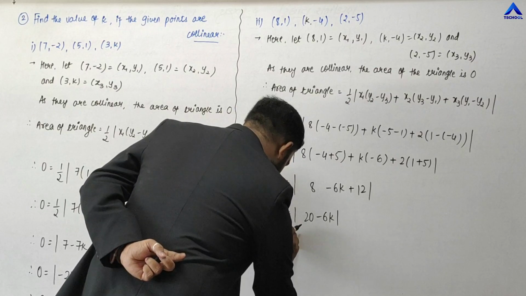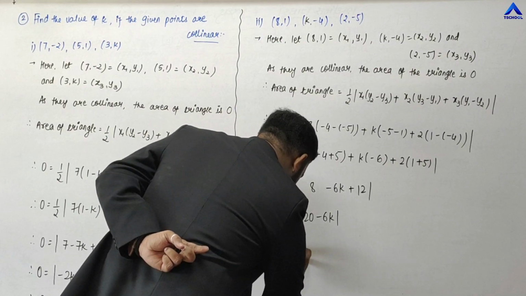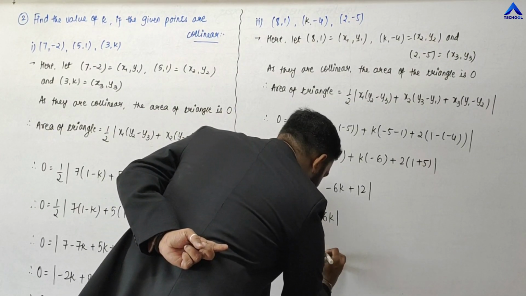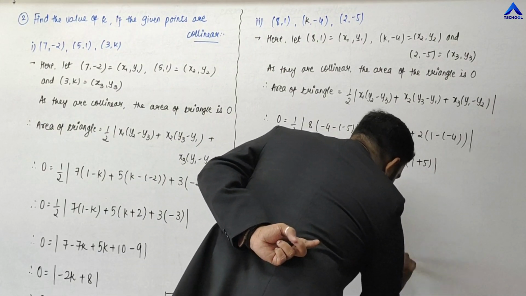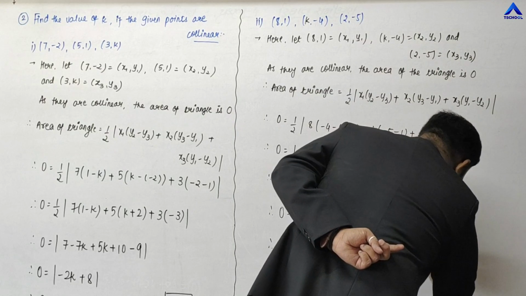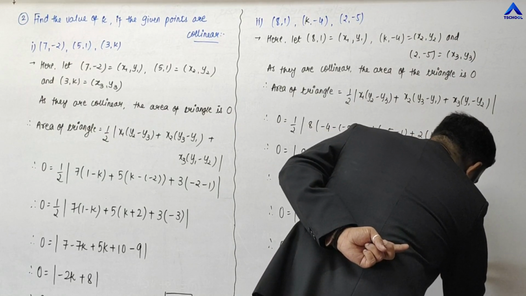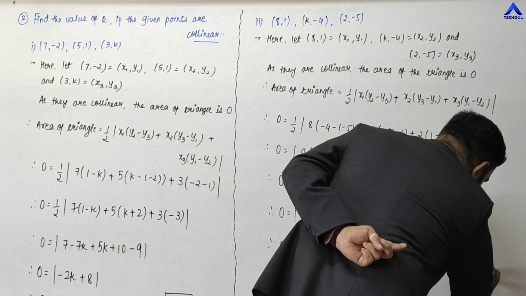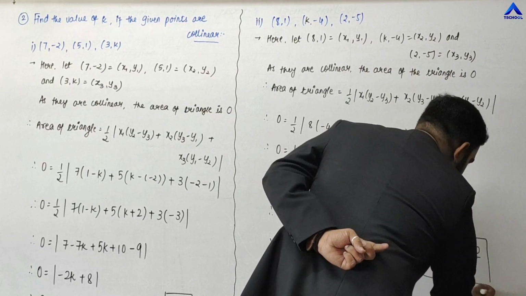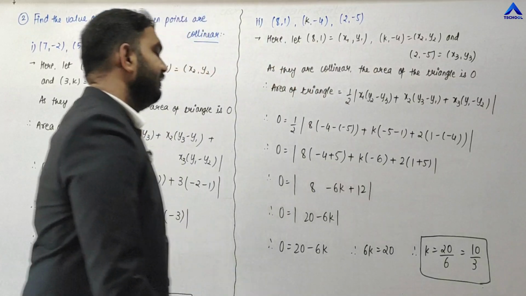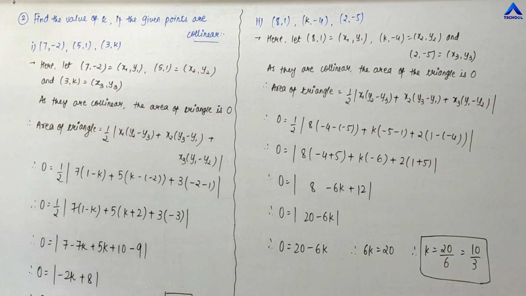Therefore removing the modulus, 20 minus 6k, therefore 6k is equal to 20 and hence k is equal to 20 by 6 or 10 by 3. So that is the value of k for these 3 points being collinear. Is it good? Okay, take a look over it, then we shall move on to the next sum.